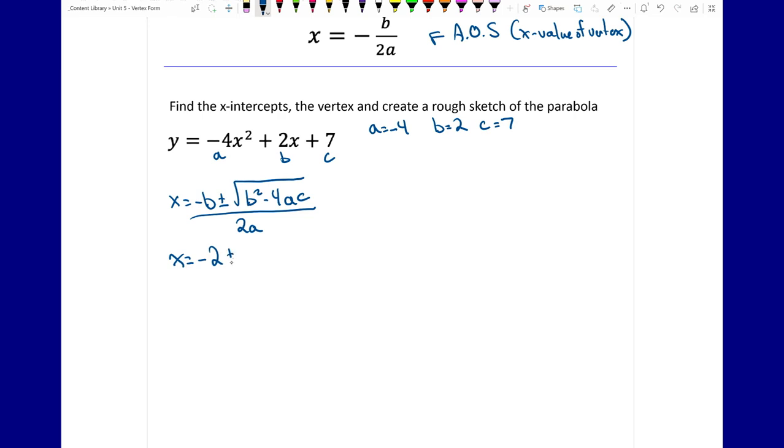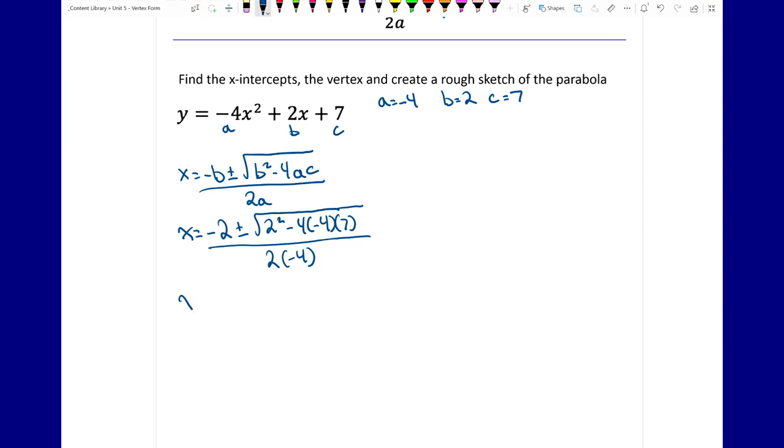So negative 2 plus or minus the square root of 2 squared minus 4 times negative 4 times 7, all divided by 2 times negative 4. I can go through and simplify this. Negative 2 plus or minus the square root of 4 minus 4 times negative 4 times 7, or negative 112, divided by negative 8.